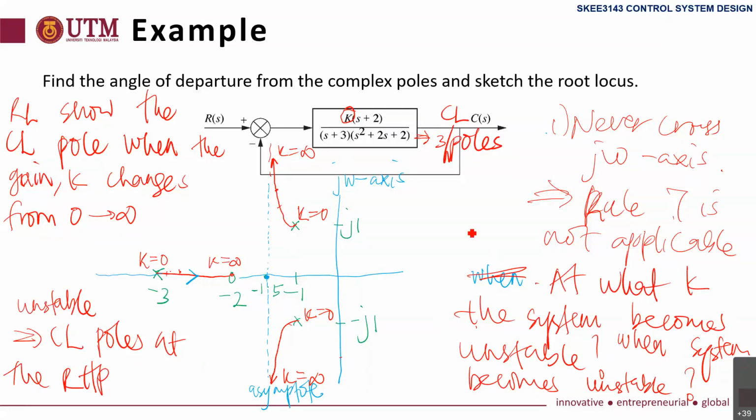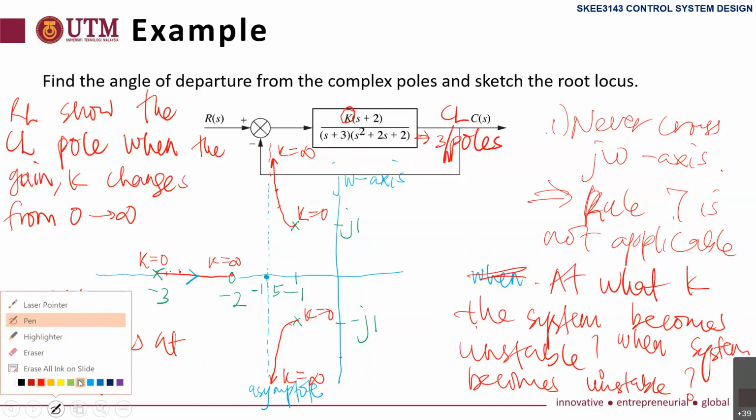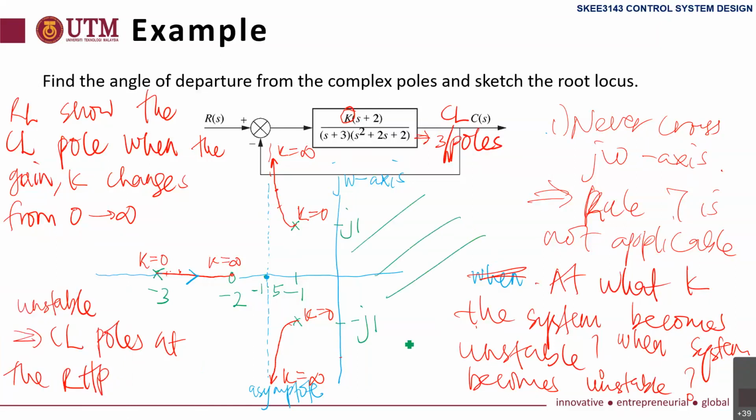If we have a pole here, this is the right half plane, on the right of the j omega axis. So based on this root locus, will the closed loop pole be in the right half plane?